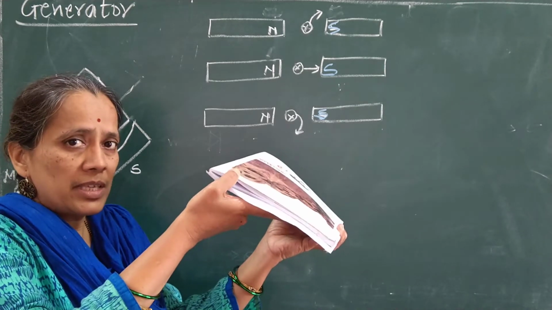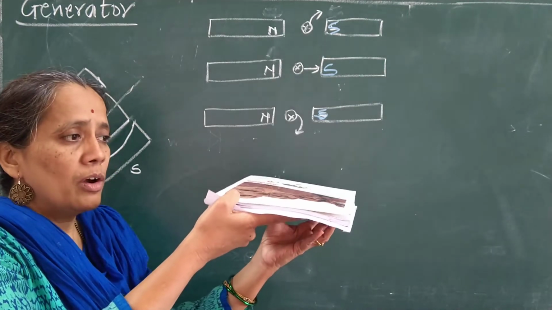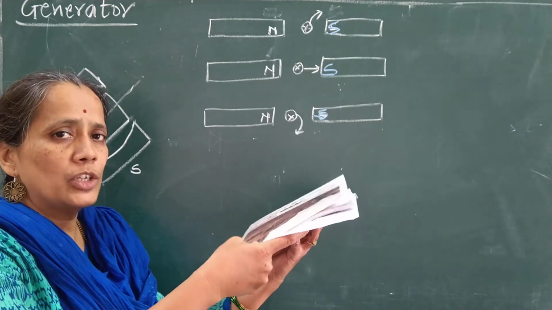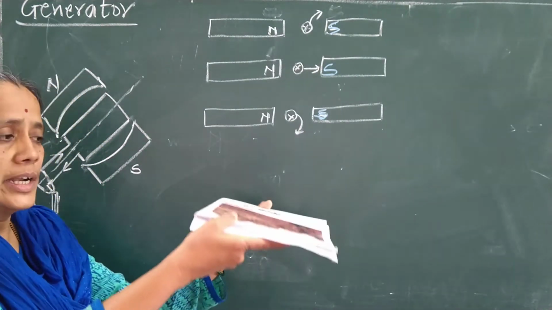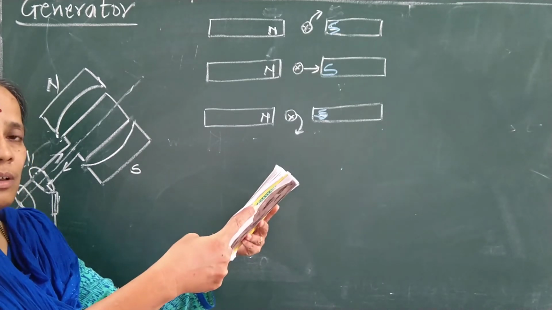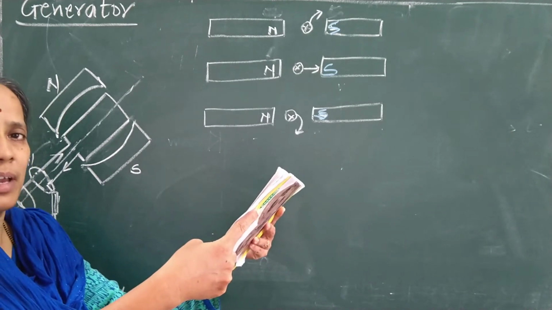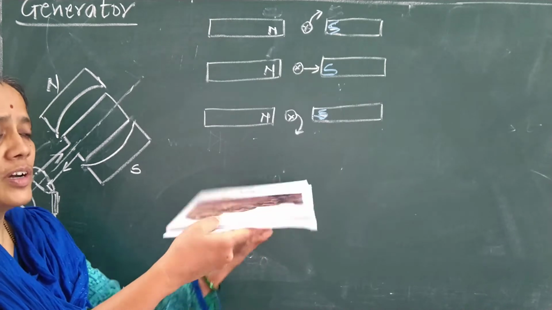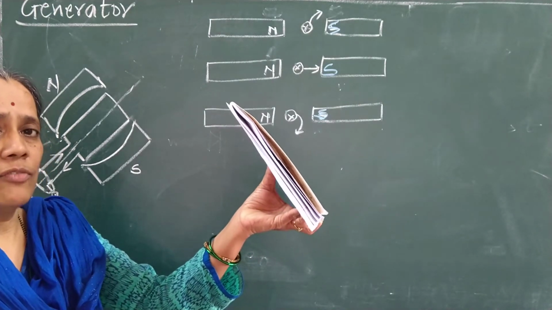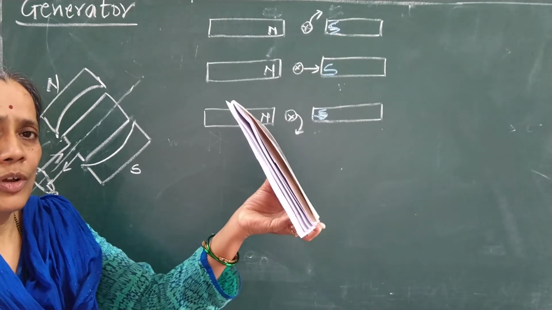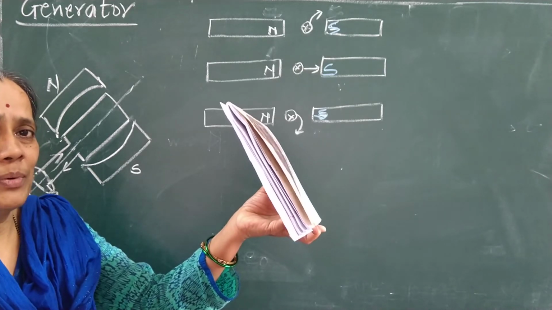Then again, when the coil is rotating in the downward direction, shown in this figure, again there will be a change in magnetic flux. But in the first case, when the coil is rotating in the upward direction, the change in magnetic flux may be positive, so the EMF induced is negative.